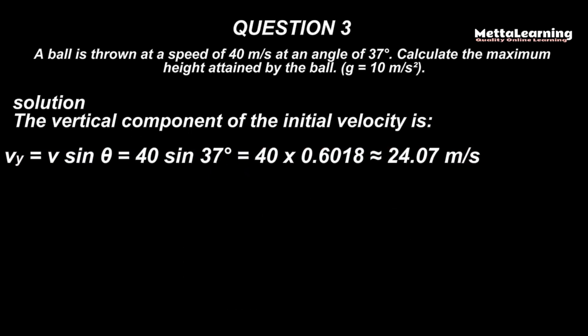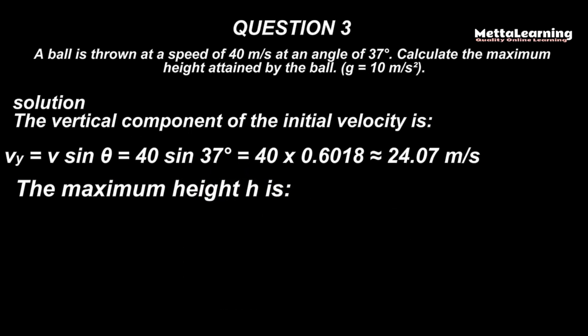Remember from our question, our velocity is given as 40 and our theta is given as 37. So we have 40 sine 37, that will be 40 times 0.6018, which gives us 24.07 meters per second.